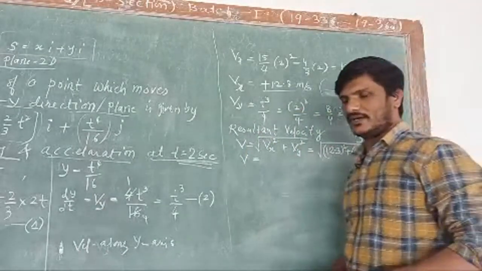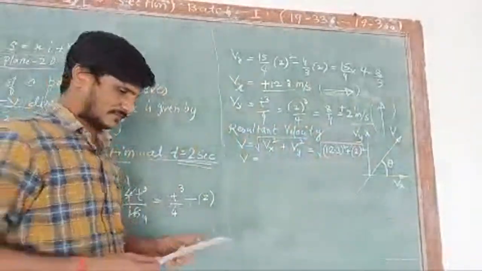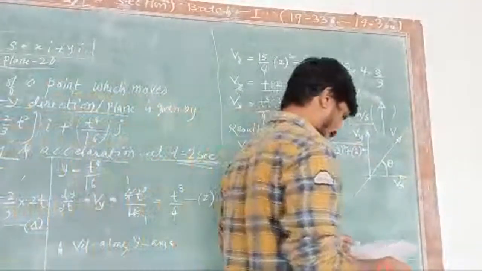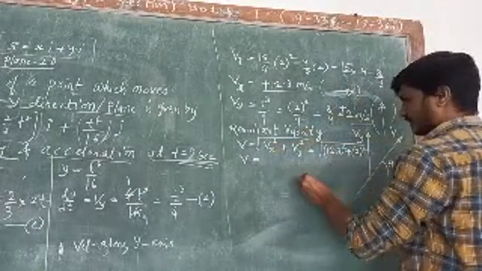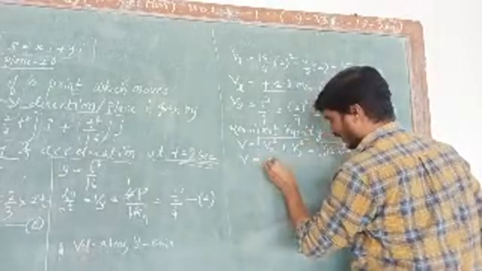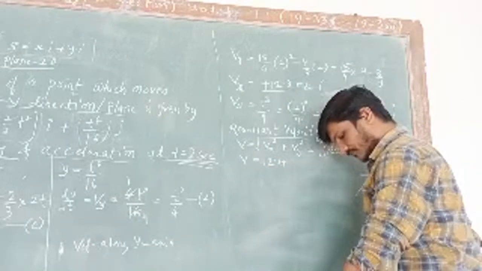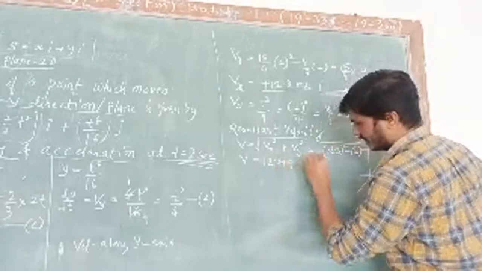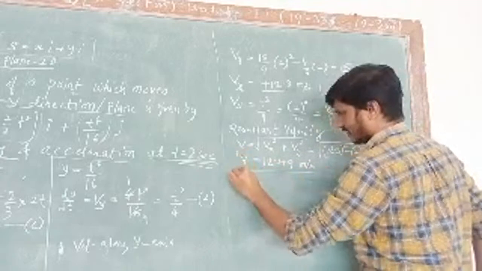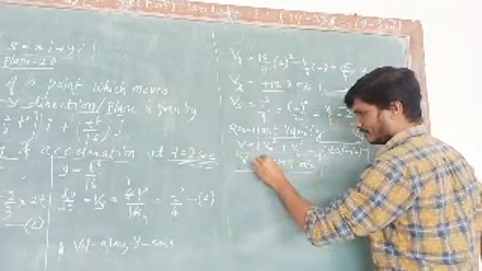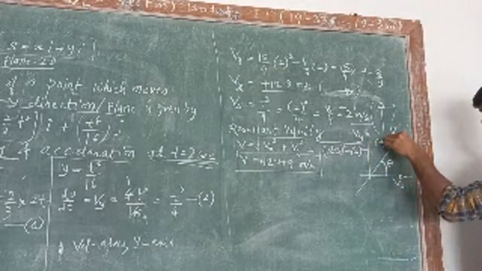So the resultant velocity I obtained is 12.49 meter per second. So again it is a plus value, so the resultant velocity here will be plus.